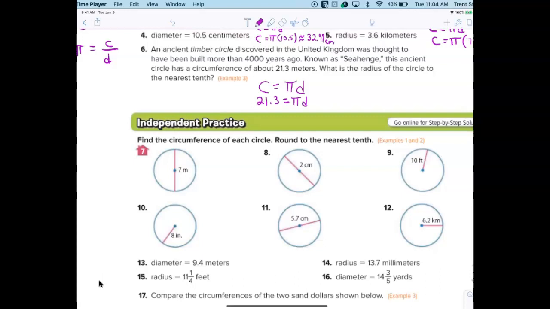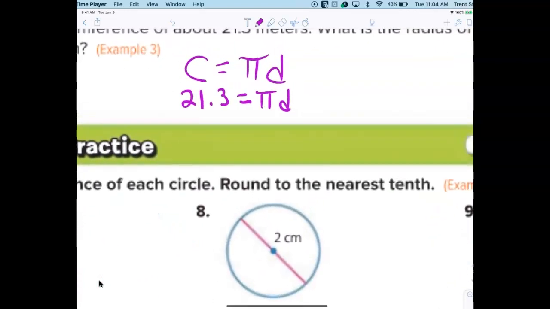Now, how do I work backwards on this, James? What do I do? Divide. That is correct. So I want everybody to write down diameter equals 21.3 divided by pi, and give me that approximation. 6.7.